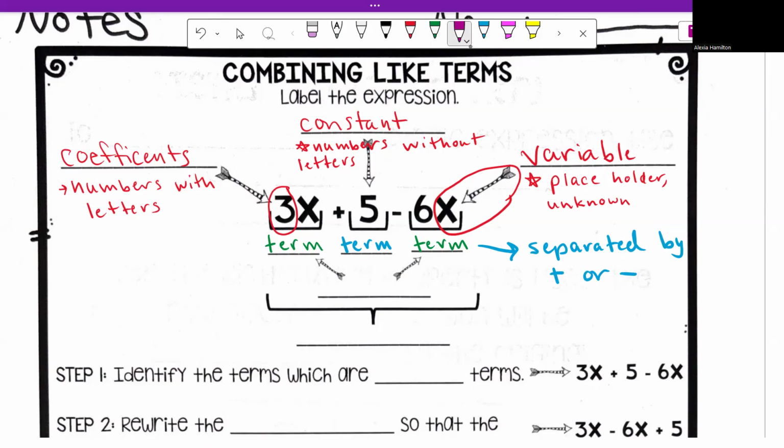Okay. The last two arrows are pointing to the 3x and the 6x because those are what we call like terms.